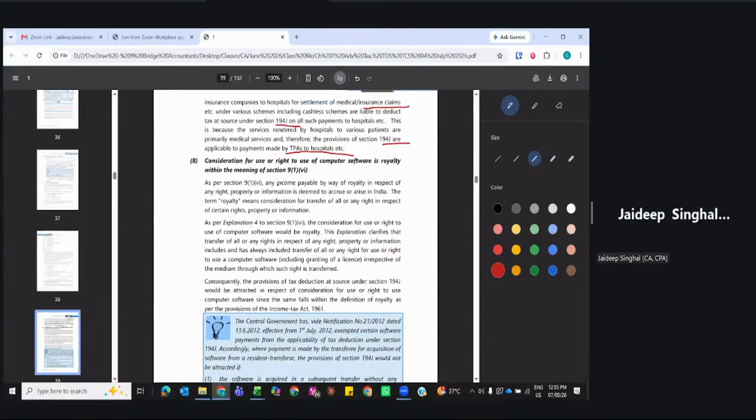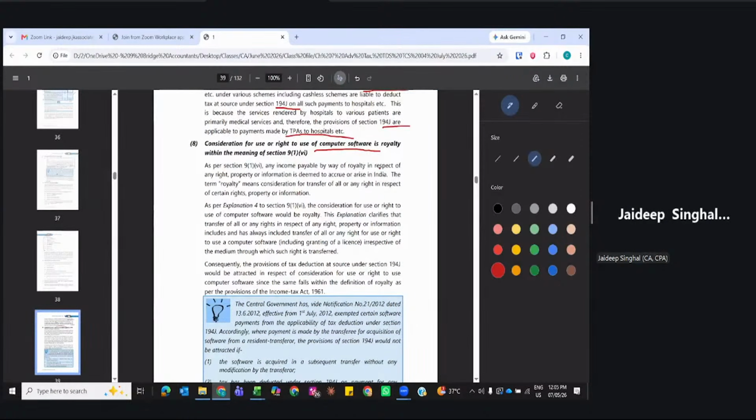Clear? Next is computer software. We are using computer software, right? Whenever we purchase any software, do we purchase the entire software? We just purchase the subscription rights, the right to use it. It is called royalty.